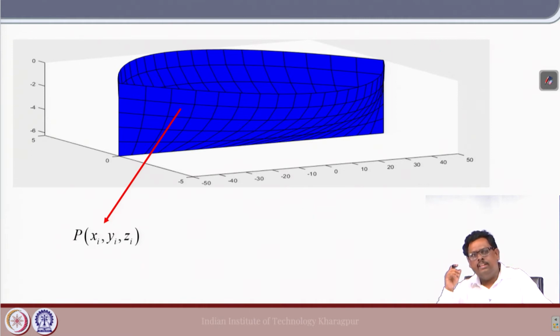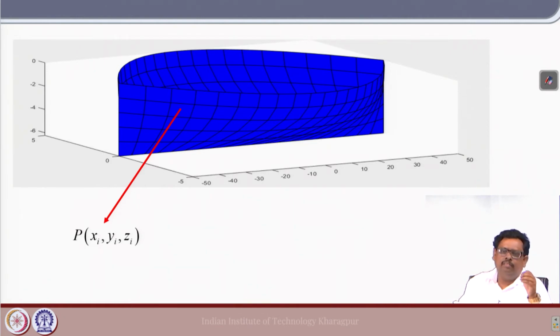So, it is not like an orthogonal plane, where x is constant, or y is constant, or z is constant. It is all varying. So, essentially it is a 3D point.